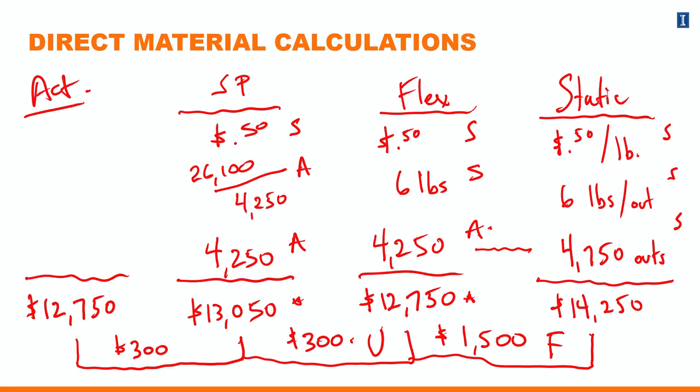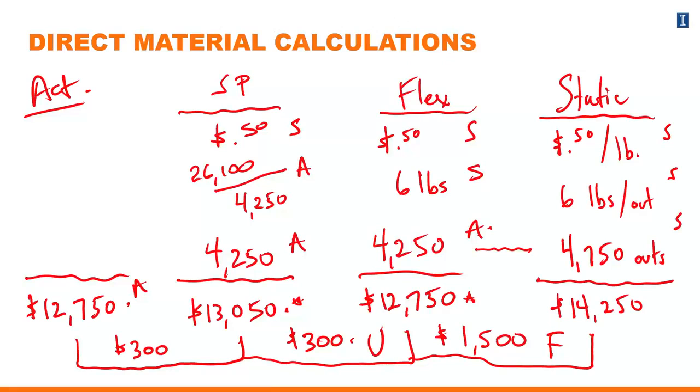And finally, comparing the first and the second column on the left-hand side, we have the complete actual world and the standard price world. Which one is the more actual piece of information? Well, that's the one that's all actual. So comparing the $12,750 that we actually spent to the benchmark, which has more standard information embedded into it, the standard price piece, the cost is actually less in the more actual world than it is in the standard world.